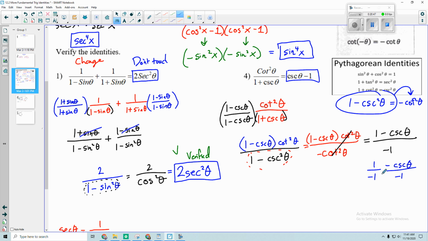So I can split that up between those two terms in the numerator, and that will allow me to simplify this to -1 and positive cosecant theta, which is exactly what we see here. The two terms are just flipped around, so I still have positive cosecant and -1. You can switch it around if you want to, but it's still the same thing. So that would be verified.